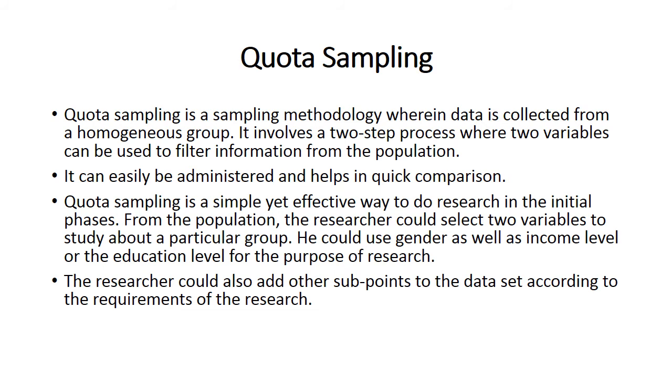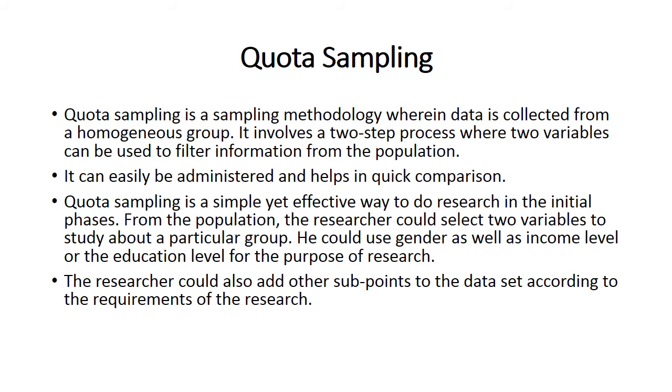However, in the case of quota sampling, researchers use a non-random sampling method to gather data from one stratum until the required quota fixed by the researcher is fulfilled. A quota is generally based on the proportion of subclasses in the population.